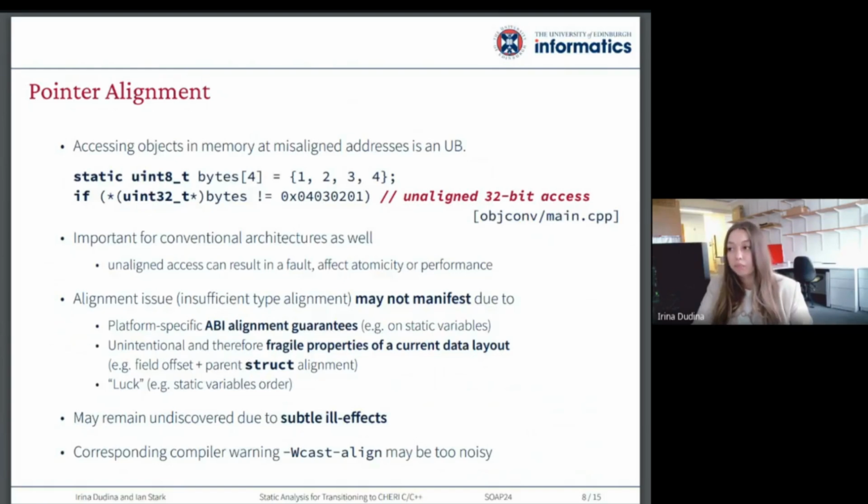But when moving to another architecture, all these properties may break, and the code will not be portable. Even if the pointer access is really unaligned at runtime, the ill effects on certain platforms like x86, for example, can be so subtle that no one will notice or care about these issues.